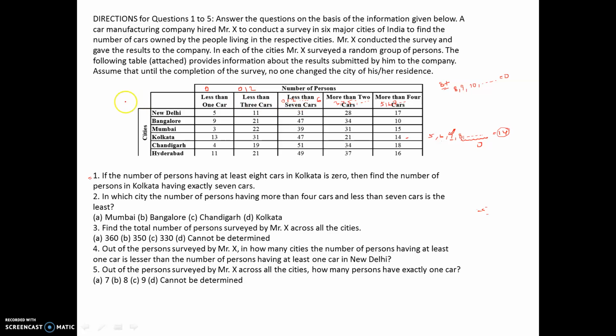So if you look at the third column, ideally, because there is more data in this column, 0, 1, 2, 3, 4, 5 and 6, right? If I try and figure out the data of 5 and 6 from here, I can substitute here and we can obviously get the answer, right? Or from 14, if I subtract the data of people who have 5 or 6 cars, we can obviously get the data of who have exactly 7 cars, right?